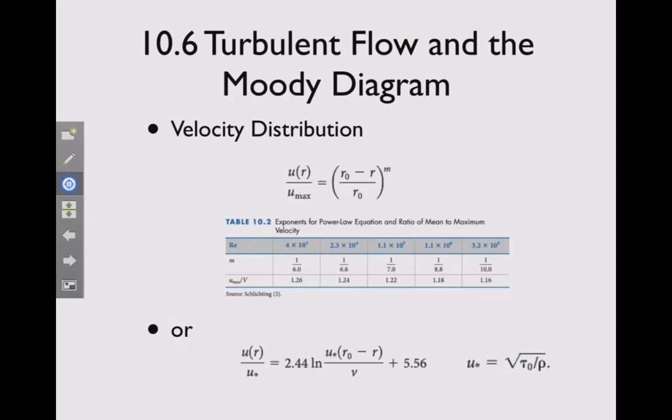So we've got a couple of different ways to derive the flow. These come from empirical formulas or experiments done at various Reynolds numbers, and this equation here was derived from our boundary layer development in chapter 9.